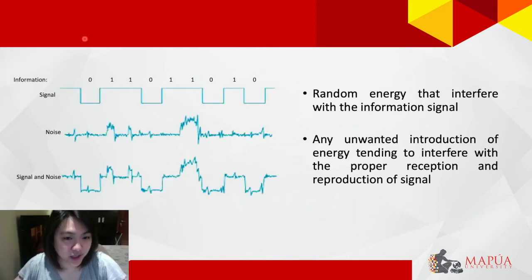This is what noise looks like. And putting it together, a signal with noise has an interference. So it looks like the first one, but it has noise.